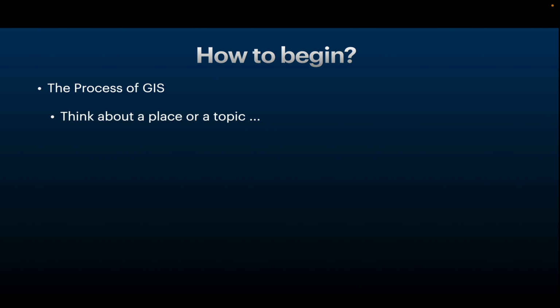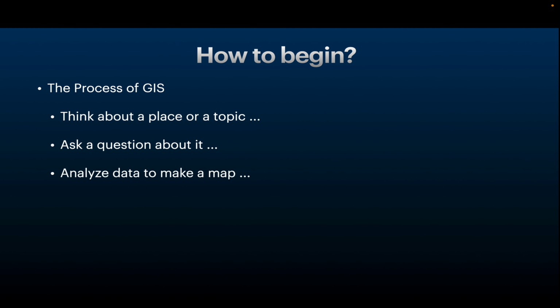So, how to begin? If you want to start some project or research, how to begin? So, the process of GIS. You learn the basics of how to think using the various shapes like lines, polygons, dots, a raster, population density, land elevation. Think about the place or topic, do some review of literature, ask questions about which problems can be solved using GIS or the location data, geographic data.